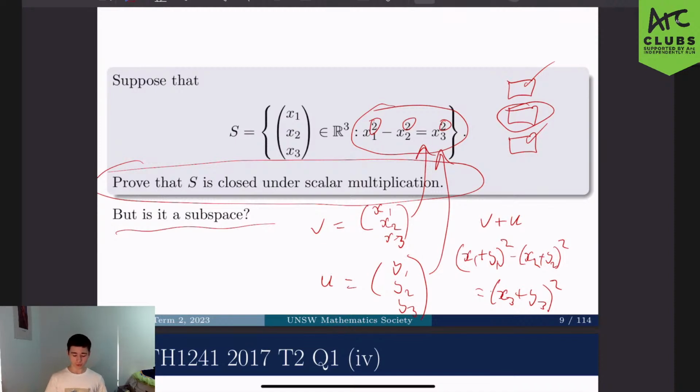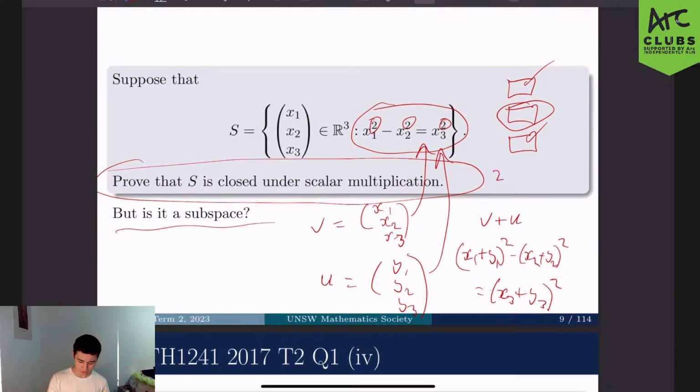What we're left with after all of this is 2 lots of x1y1 minus 2 lots of x2y2 equal to 2 lots of x3y3.